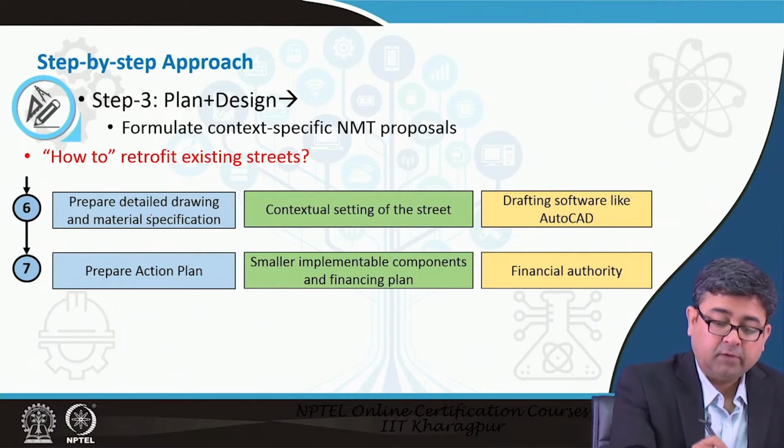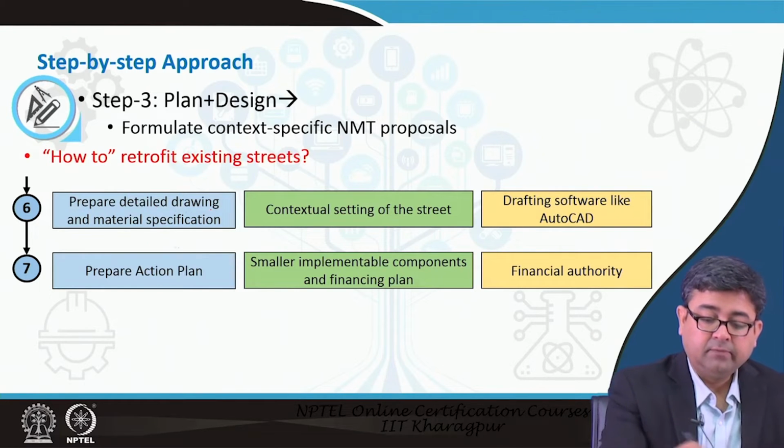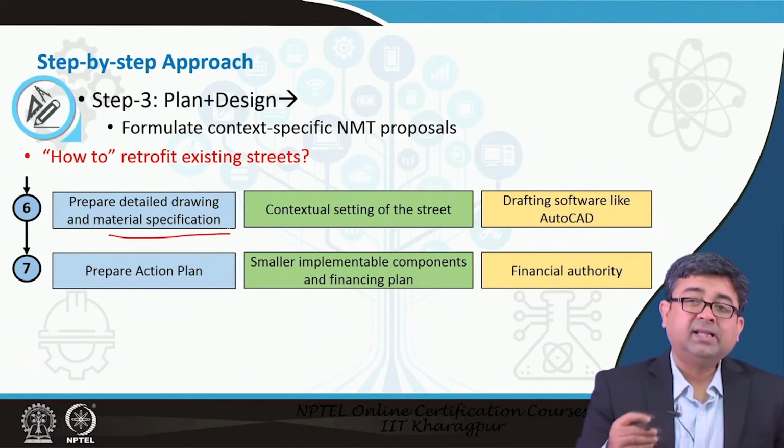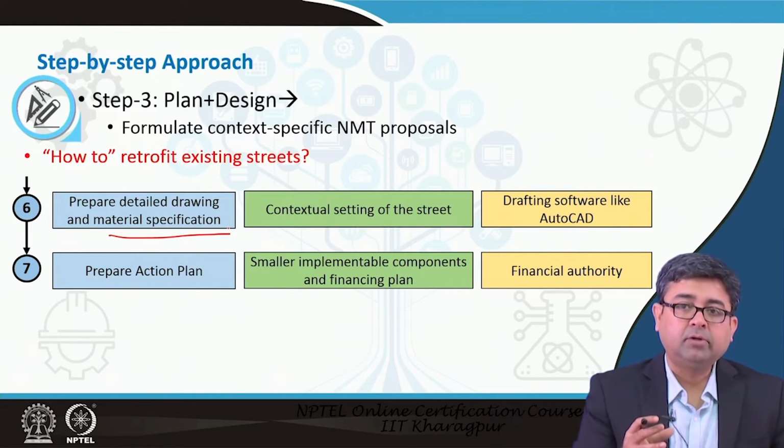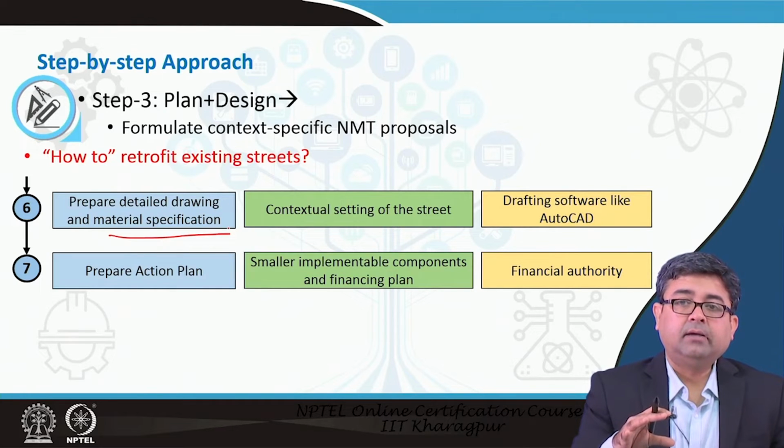Finally, you have to always have a detailed drawing with material specification. Material specification is very important because pedestrians may have a different understanding or a different feeling about the track on which they walk versus the cyclists.